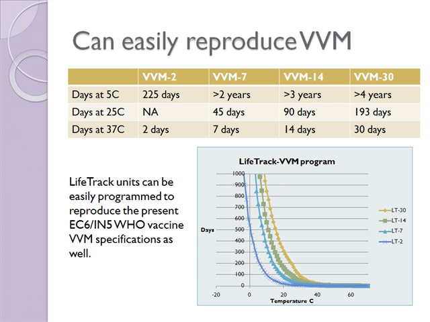And here I'm showing the characteristics of 4 different VVM units that WHO has certified. What I'm showing is it's actually very easy to program a LifeTrack unit to act exactly like a VVM, which, keep in mind, gives you a VVM that now records exactly when something died.